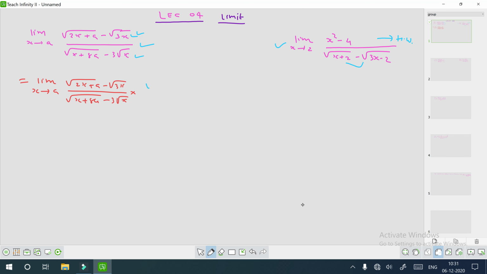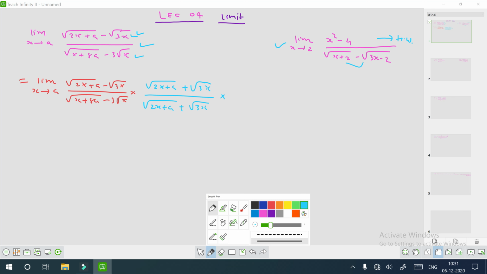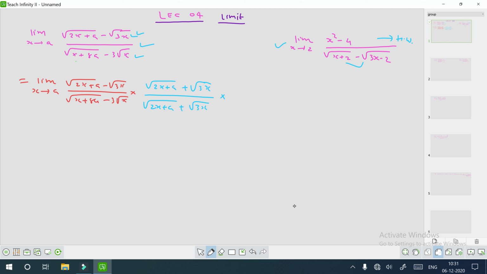That means root 2x plus a plus root 3x over root 2x plus a plus root 3x. At the same time, rationalize denominator quantity also. This one, we multiplied and divided by conjugate factor, root x plus 8a plus 3 root x over under root x plus 8a plus 3 root x.